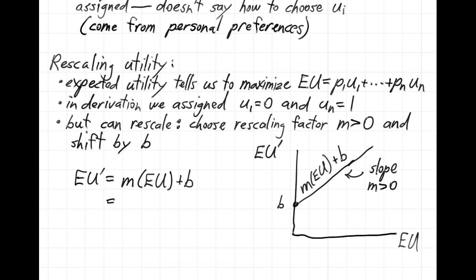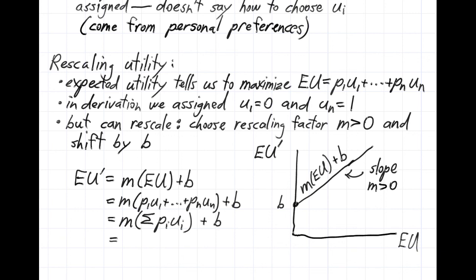So it's M times p1 u1 plus so on, all that plus B, which we can pull out the p1s. Maybe the probabilities of the outcomes are just what they are. We can't change those. So we pull them out, and so let me write this as M times the sum of pi ui plus B.